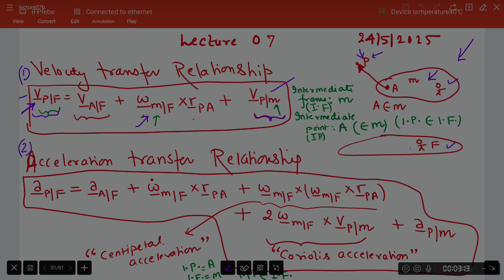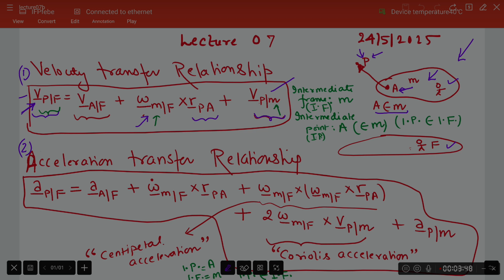One quantity is the angular velocity of frame M with respect to F. It also involves the position vector of P measured from a point which is fixed in M. In this diagram, that point is A. So there is a point A which is fixed in M, and we are utilizing that to find VPF.